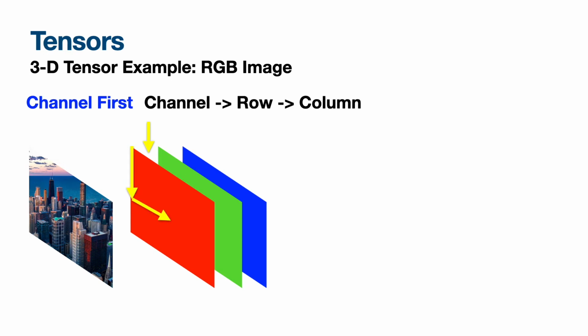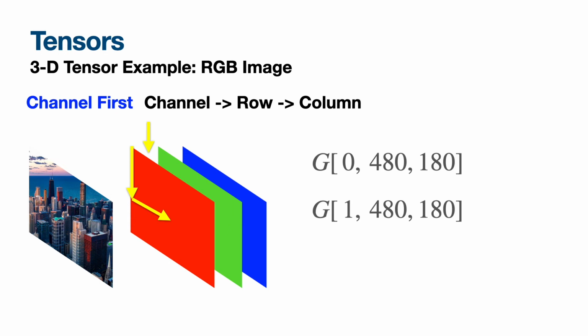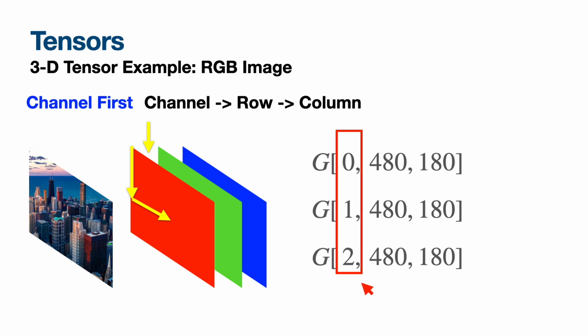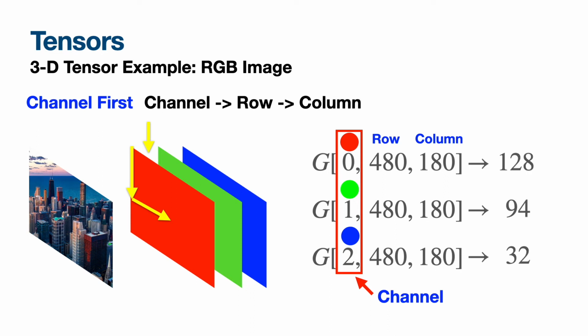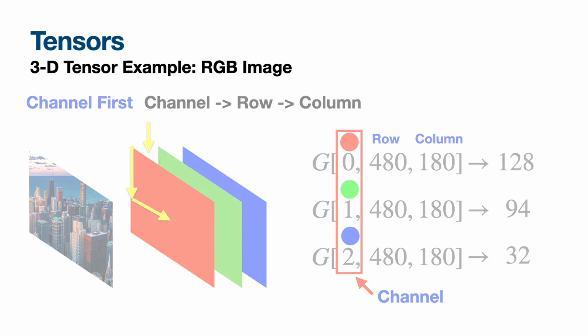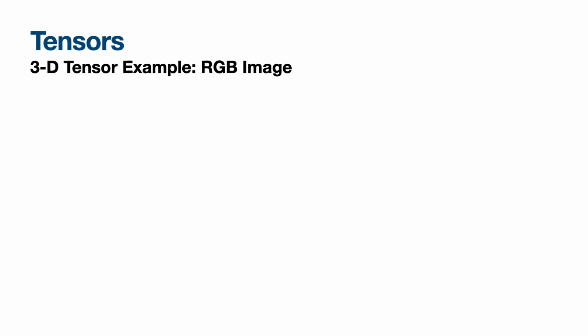We call such a representation channel first. The first axis is the color channel in this representation, and the remaining axes are for rows and columns.